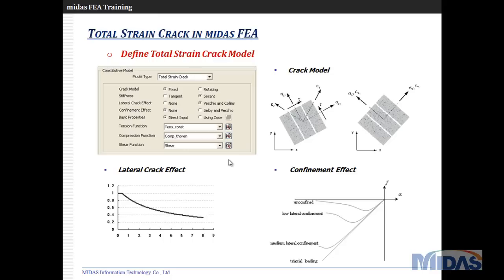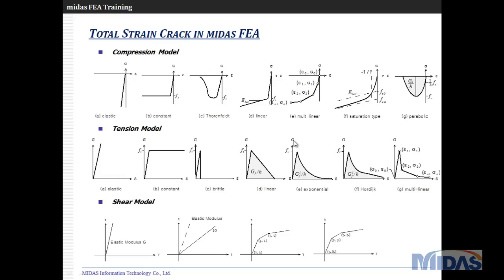Tensile behavior is something which is controlled by the formation of microcracks. Before discussing further, I would like to show some of the compression models and the tension models provided in the program, and later we will see it in the video demonstration as well.